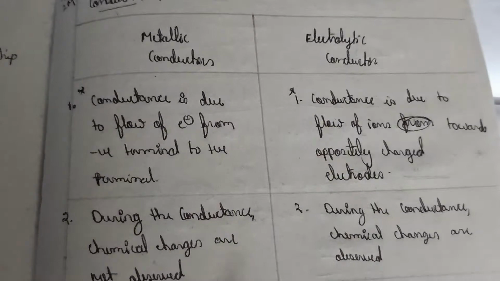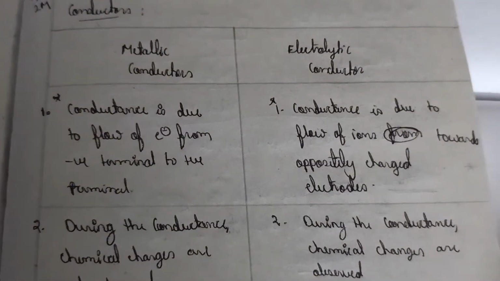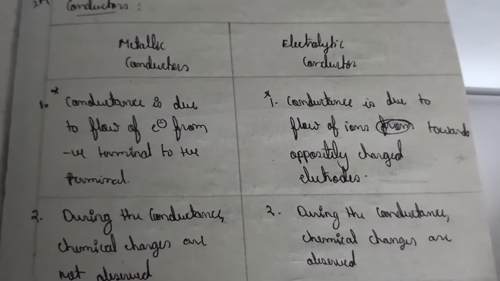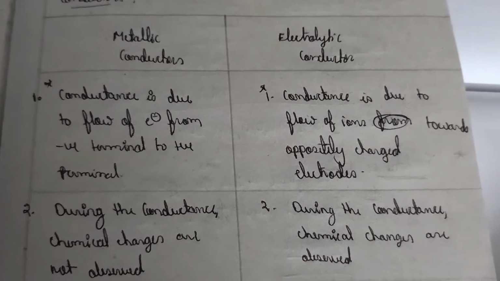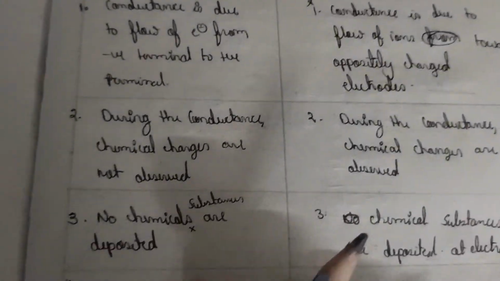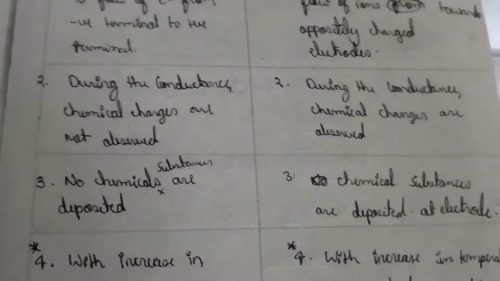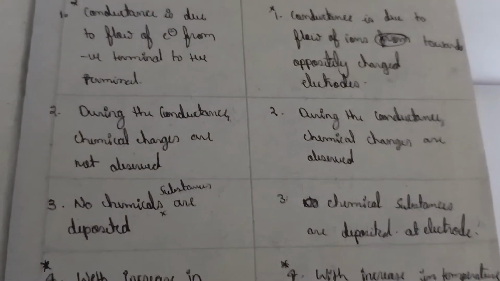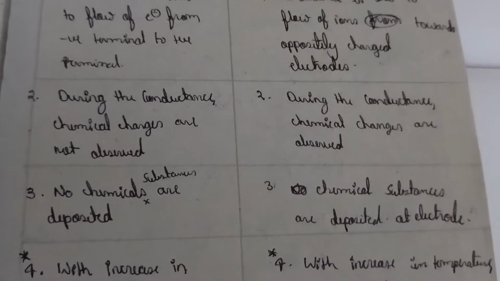Now we will learn about the differences between the metallic conductor and the electrolytic conductor. In a metallic conductor, conductance is due to the flow of electrons from negative terminal to positive terminal, whereas in an electrolytic conductor, conductance is due to the flow of ions towards the oppositely charged electrodes. During conductance, chemical changes are not observed in metallic conductors, whereas in electrolytic conductors chemical changes are observed and chemical substances are deposited.